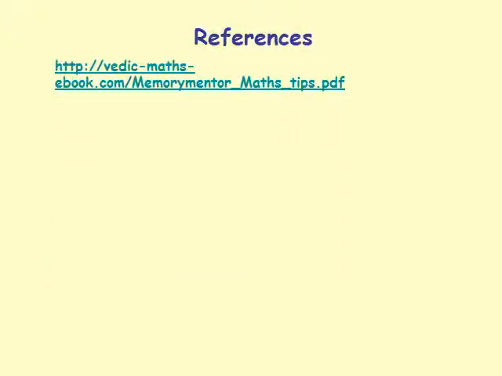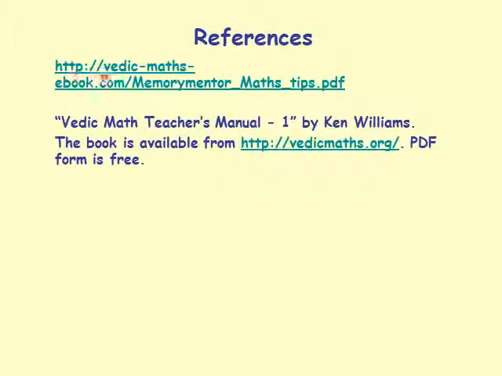Let's look at the references. Main reference for this video is this Vedic Maths ebooks.com/memory mentor_maths_tips.pdf, and I get most of the ideas for the video from this write-up here, but I rarely use the same approach as this write-up does.